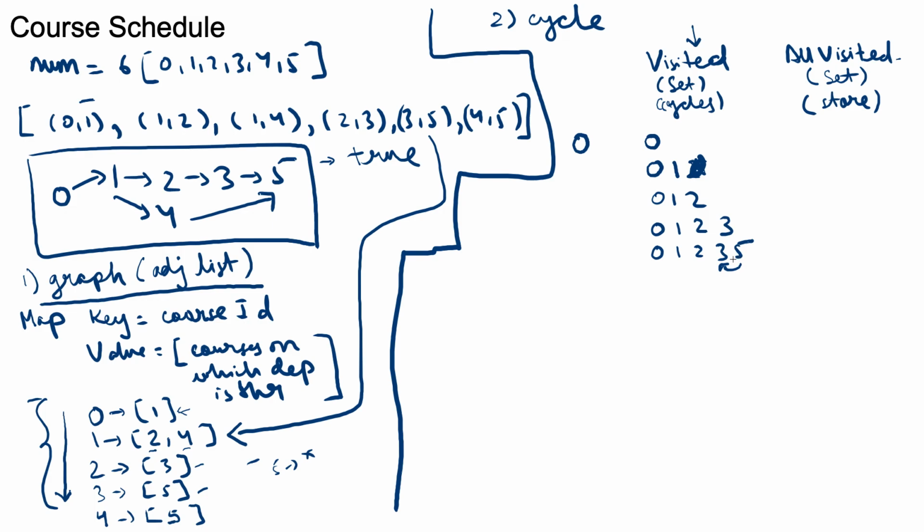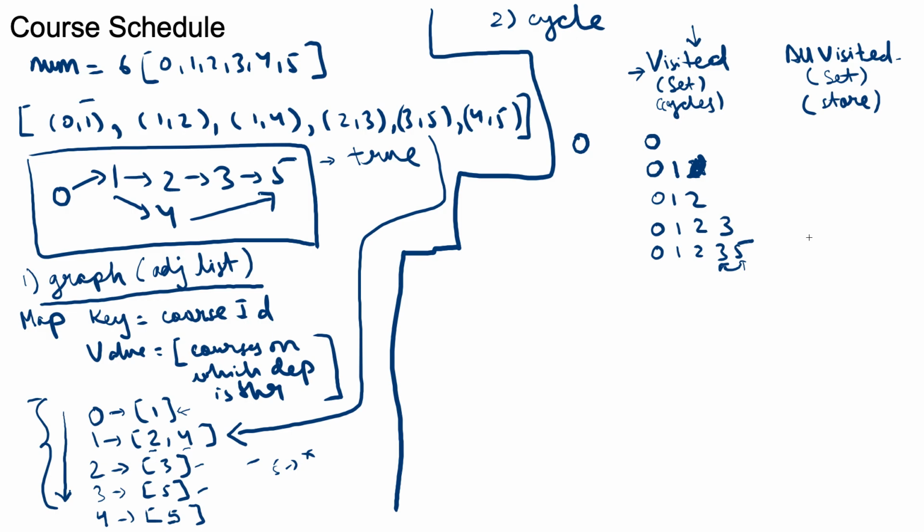But in this process, we also know that no cycles can be formed from course 5, because whatever we have traversed, we did not find any repetition of the same course ID in this visited set. So it is clear that course 5 can be taken up and there will be no dependency or cyclic issue when you take it.